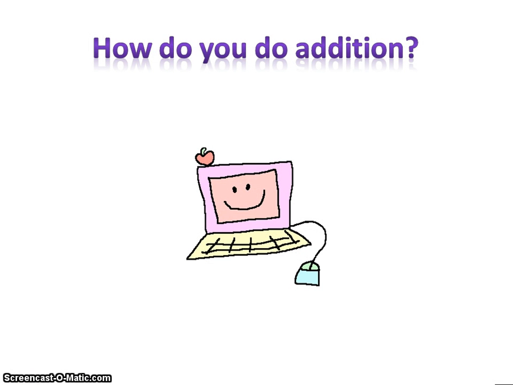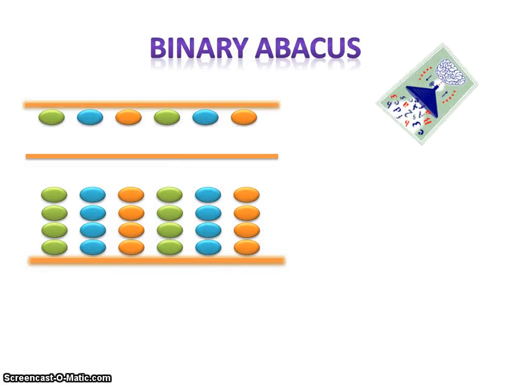So, my computer friend, how do you do addition? Do you have an abacus? Yes, but it's a binary abacus. Remember that we figured out representing 2 status, we need 2 minus 1 bit.